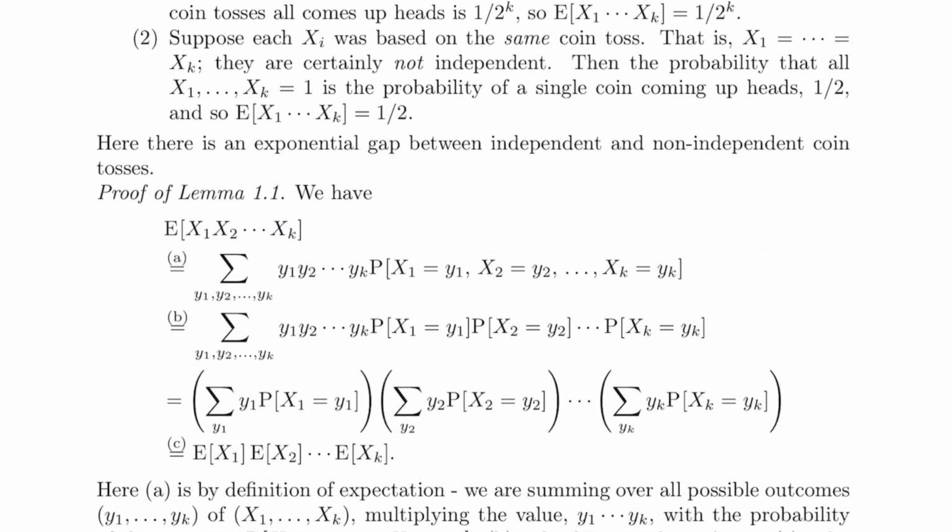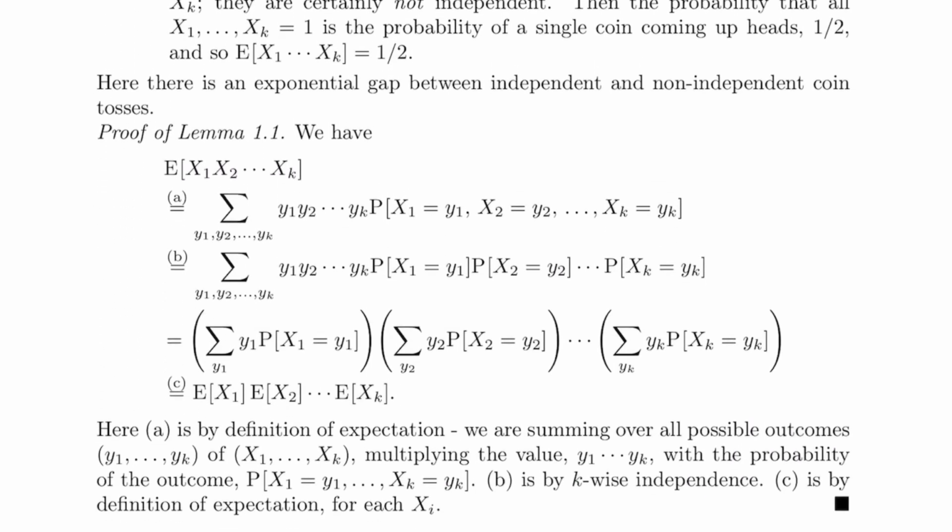Let's prove the lemma. The expected value of x1 times x2 all the way to xk is equal to the sum over all possible values y1 through yk of the product of the y's, y1 times y2 up to yk, times the probability that x1 is equal to y1, x2 is equal to y2, and so on down to xk is equal to yk.